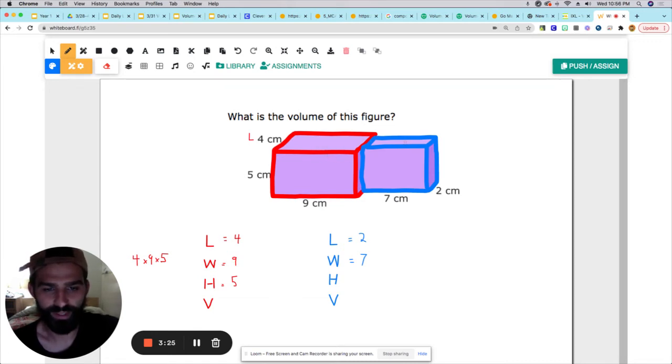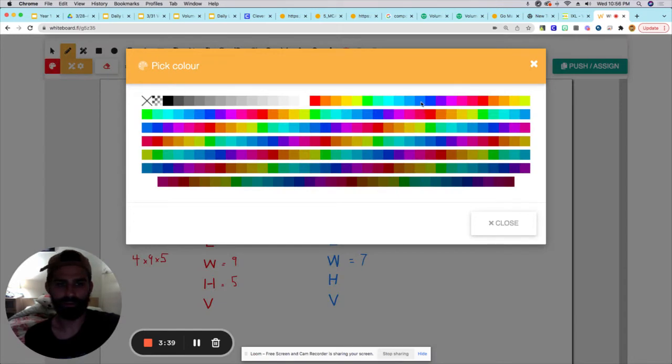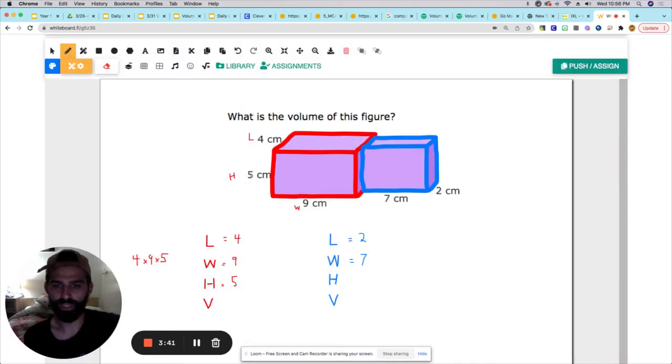They're the same height. It's not taller, it's not shorter. So I can look at my height over here. Let me label these. My height says it's 5 centimeters high on the red rectangular prism, and the blue one is the same exact height. If you see, one doesn't go over the other one. So this is also going to be 5 centimeters.